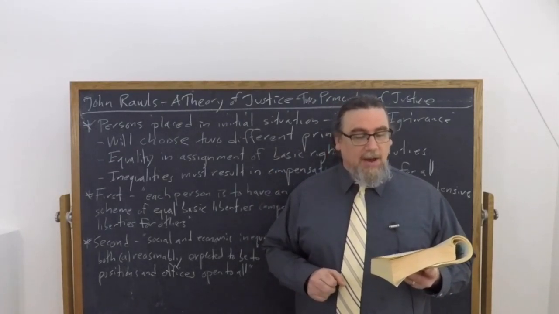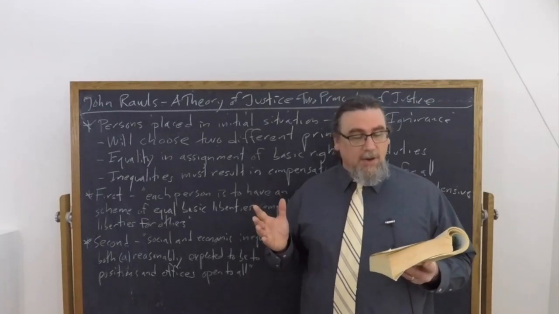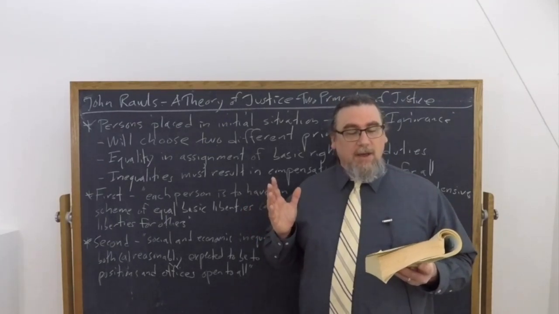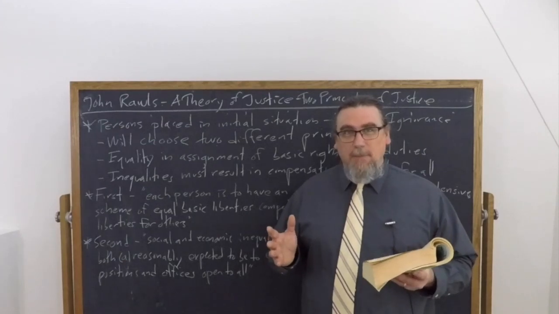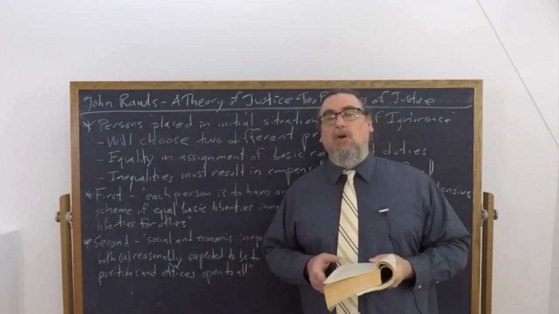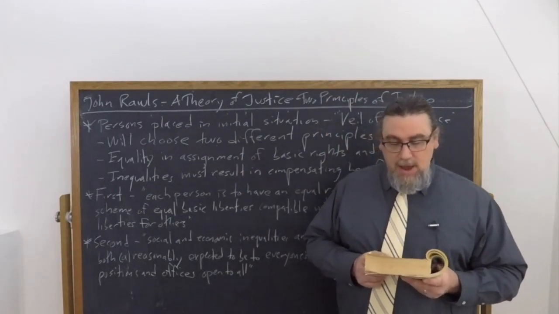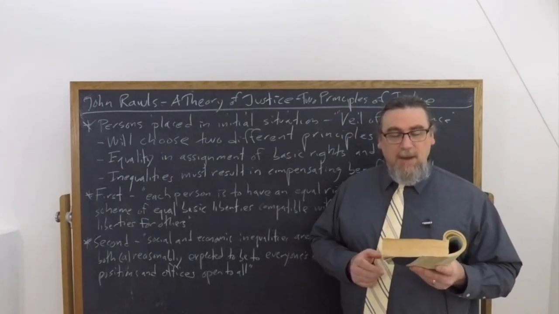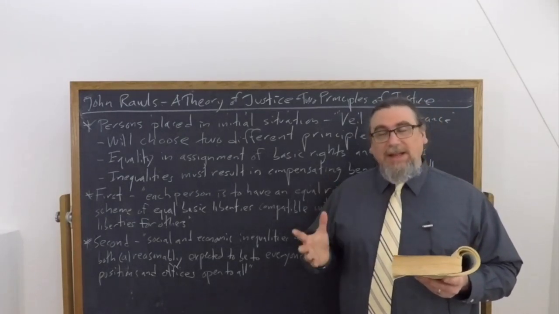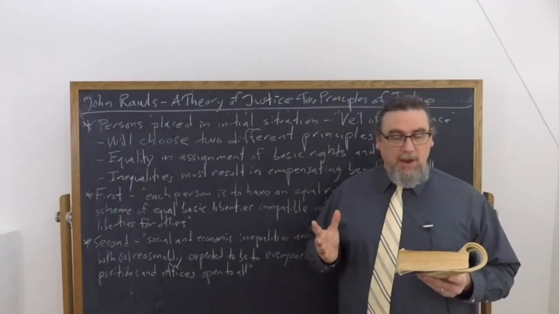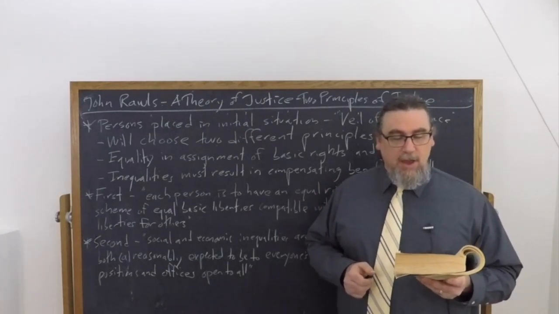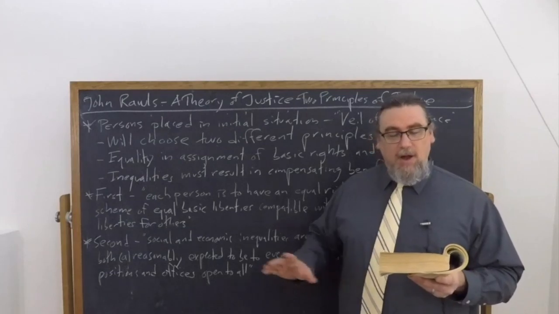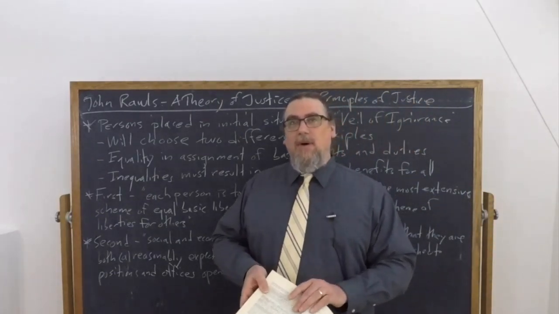Freedom of thought, freedom of the person, he says, which includes freedom from psychological oppression, or maybe say bullying or harassment, and physical assault and dismemberment. The right to hold personal property and freedom from arbitrary arrest and seizure. He says all of these liberties are to be equal by the first principle.